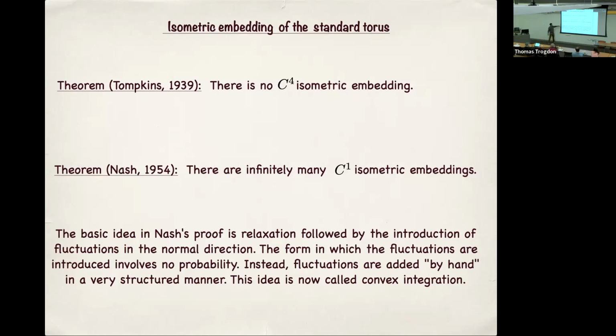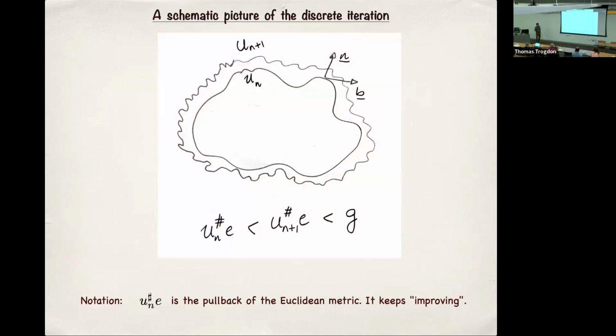And so the basic idea in Nash's proof is relaxation followed by the introduction of fluctuations, not in a probabilistic sense, but in a corrector sense. This is a big deal, and it's called convex integration. Intuitively, it goes something like this. You imagine just trying to put a circle into two, or a circle into 3 dimensions.